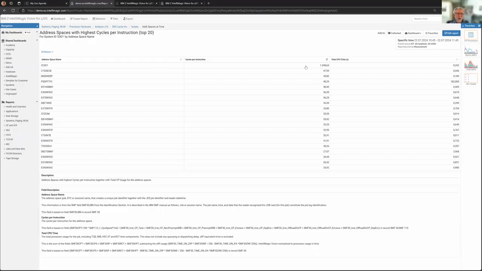Now, this is not telling me who is suffering or who's causing those cache invalidations, but it gives me a very good idea of who's burning a lot of cycles per instruction and where I should look first. So when you do see that in your installation, it's worth looking at the SMF30 data to see if you can pinpoint a small subset of address spaces whose workload you need to look at, to see whether they do need to be recompiled. So it's very interesting information.